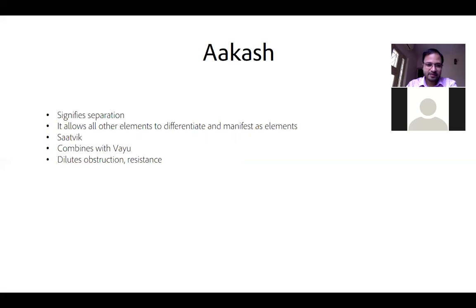These cells have to be separated. Now, the separation is a quality that is possible because of Akash. So Akash allows the separation of everything that we see around. You may call it a distinguishing factor which distinguishes one thing from another. Otherwise, everything would be combined. And then, of course, there is no point of life.